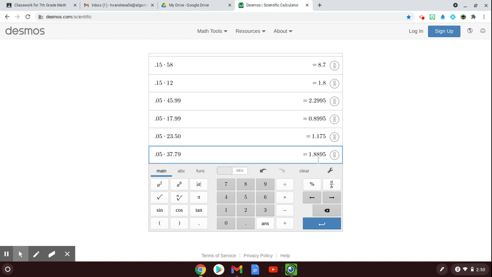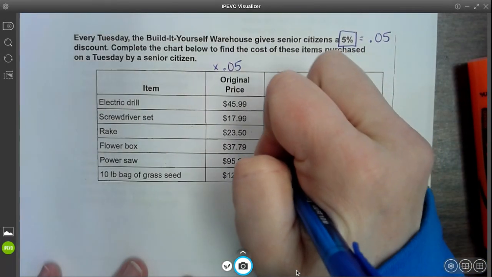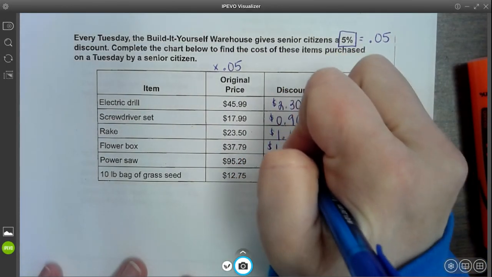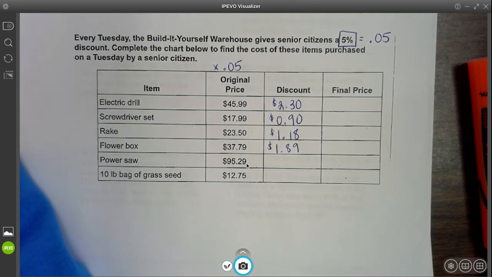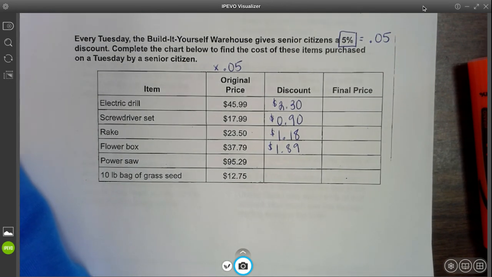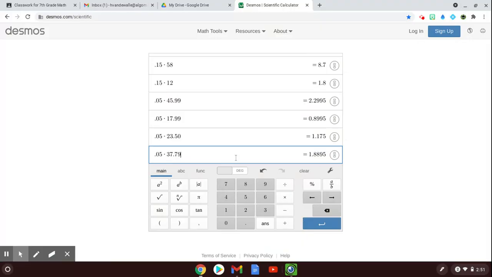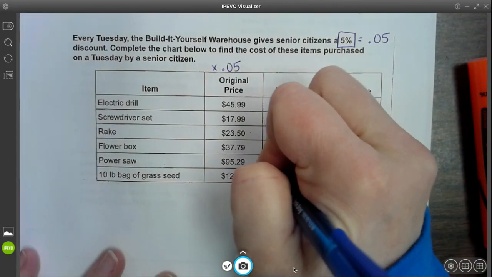The 9 is going to round 88 up to 89 cents, so $1.89 for the discount. Okay, the next one is 5% of $95.29, so 0.05 times $95.29. Okay, this one, the 4 is going to keep the 6 the same, so it's going to stay $4.76.